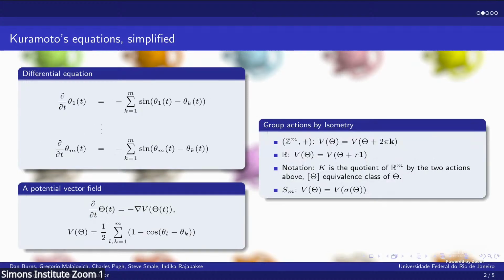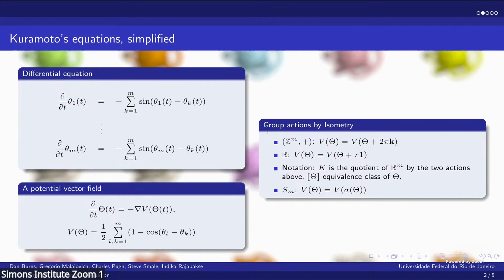Just to remind you, this is important. We start in dimension m, with a torus of dimension m, so there are m angles. There are 3 different group actions which make things quite confusing. One is the discrete action, changing a coordinate by 2 pi.